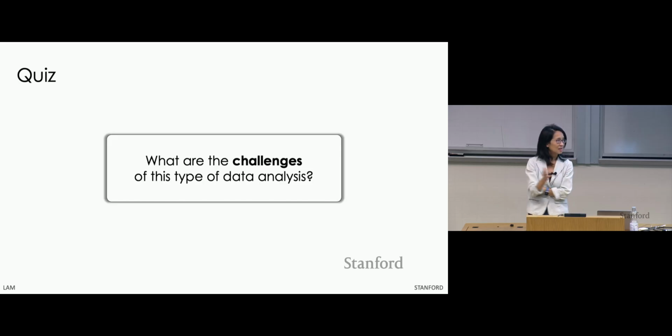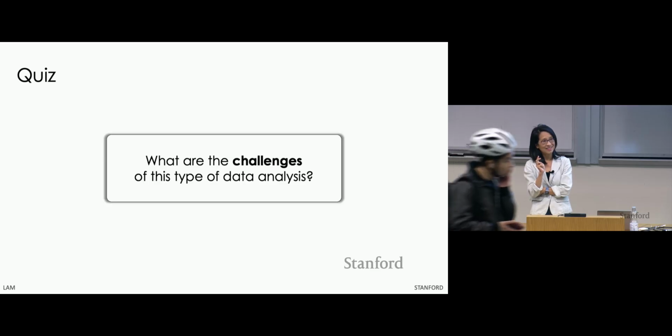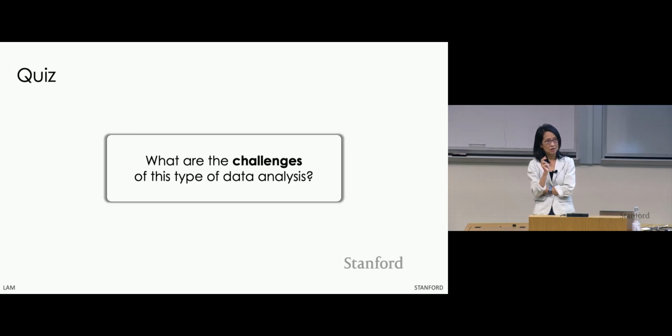What else? Yeah, Michael. Well, if you're annotating based on a code book, you have to define the categories, and people might refer to the same things in different ways and stuff like that. So you have to make sure you don't categorize the same thing differently. Yes, it's very ambiguous.